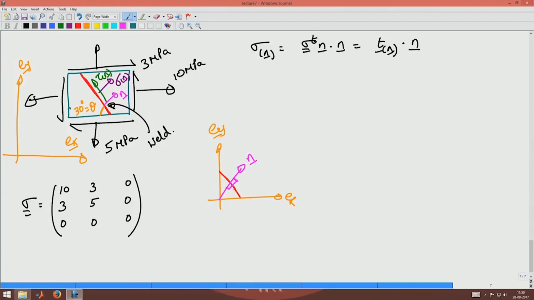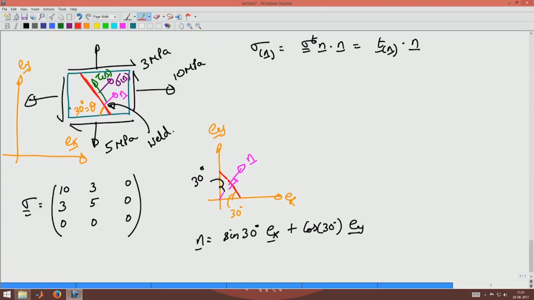This is the normal, and I know that this angle is 30 degrees, then I will know that this angle would be 30 degrees, and hence I can write n as sin 30 Ex plus cos 30 Ey, right. Okay. So, I represented both the normal and the stress tensor using the same coordinate system Ex, Ey.